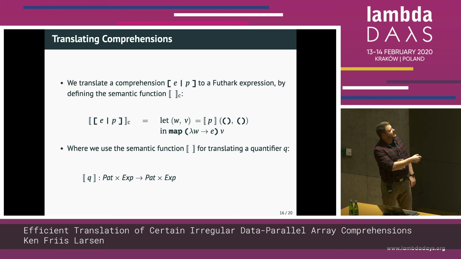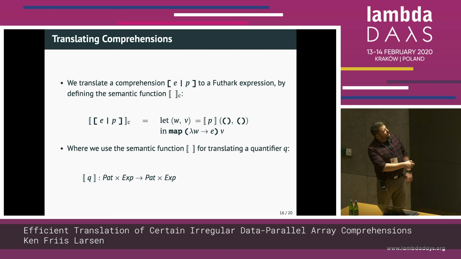So when you see something like that, it's really just a map. Here is a bit of meta language in Roman, and Futhark is in, or at least it should be in, monospace. So here's the translation of a quantifier, and the interesting part is, how do we translate a full comprehension? How do we translate a quantifier?